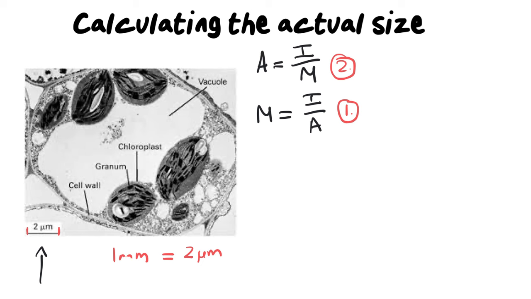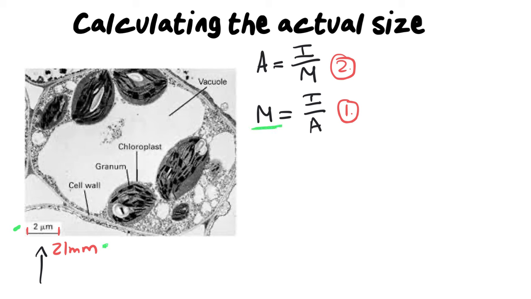So let's say now, hypothetically, I'm going to measure this scale bar out. And let's say that length of that scale bar is 21 millimeters long. Okay, now I've got 2 pieces of information that I can actually substitute. I can substitute the 2 and the 21 to find out the magnification.